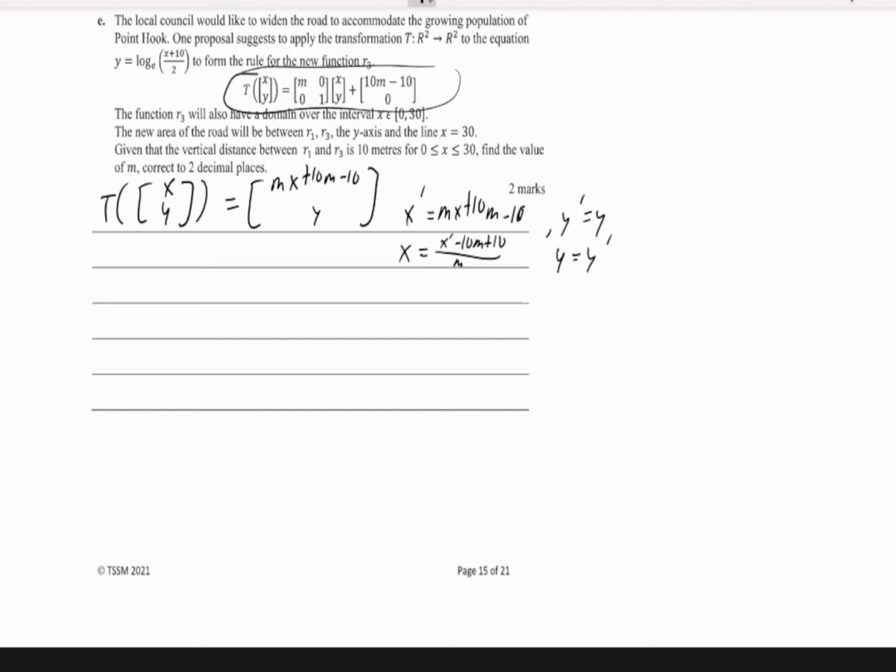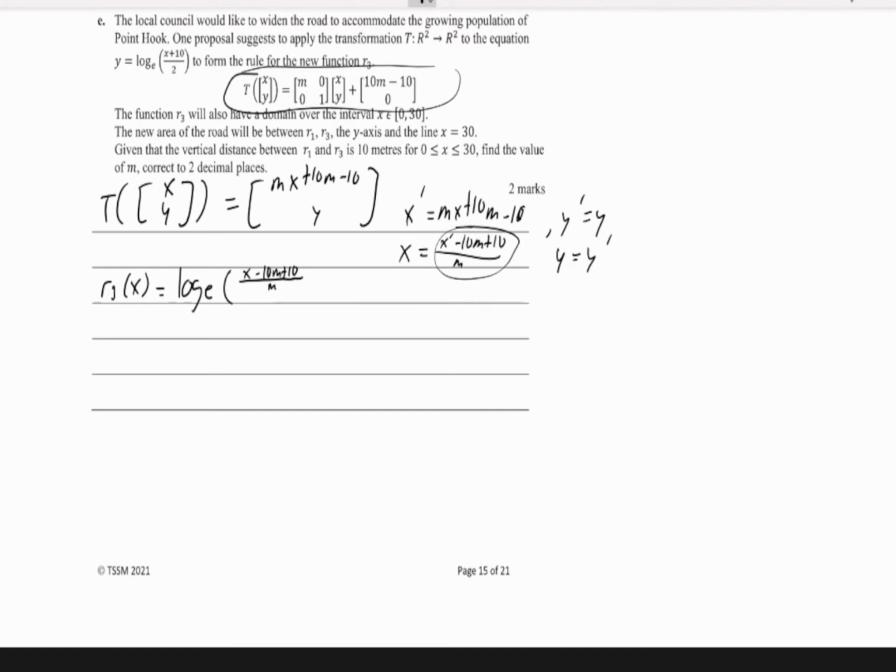So for R3x, just plug in the x and the new x and y values. That's going to be log e x dash minus 10m. I can just get rid of the dash. Minus 10m plus 10 divided by m.